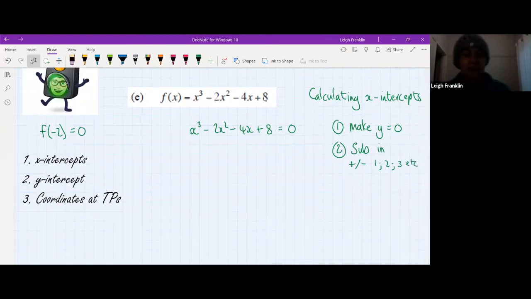Okay, so if that is indeed the case, which I'm sure it is, then that means that x plus 2 is a factor of f of x. Okay, so we can now write x plus 2 over here.